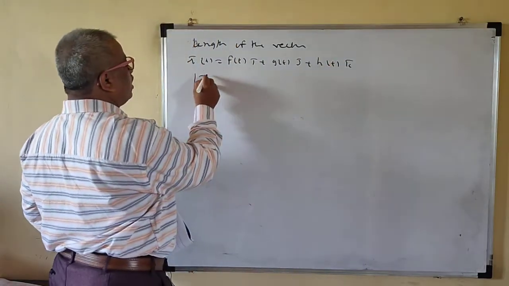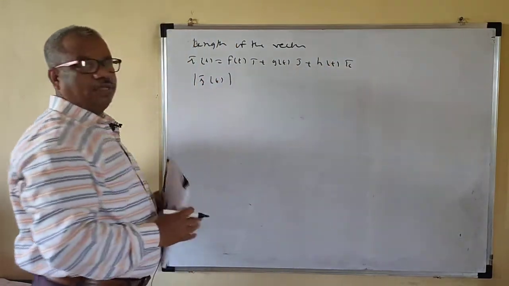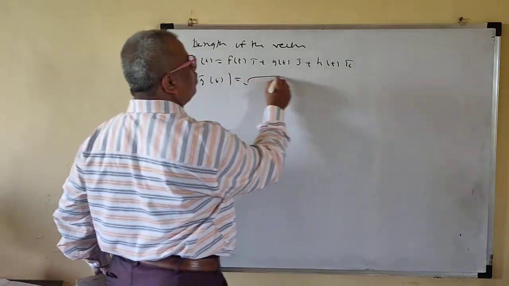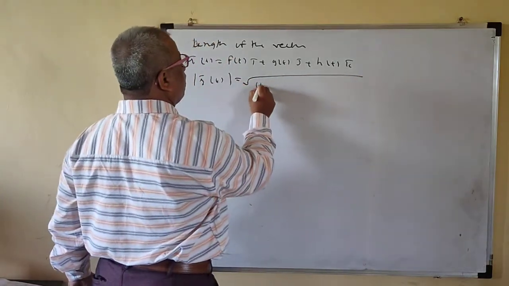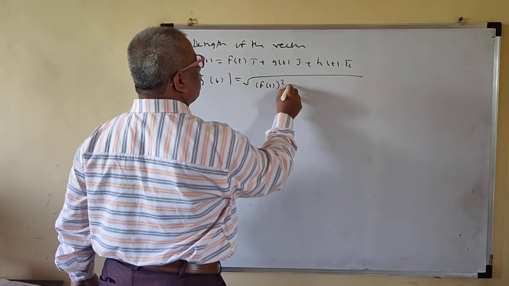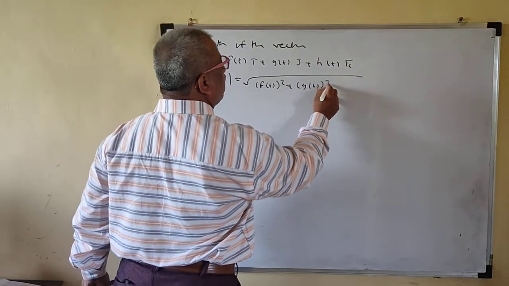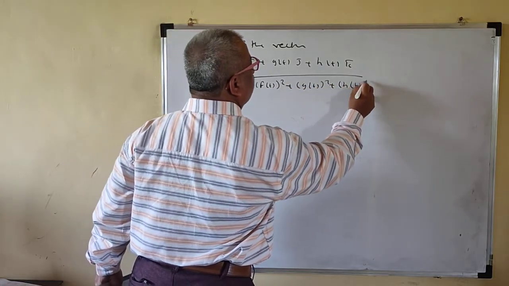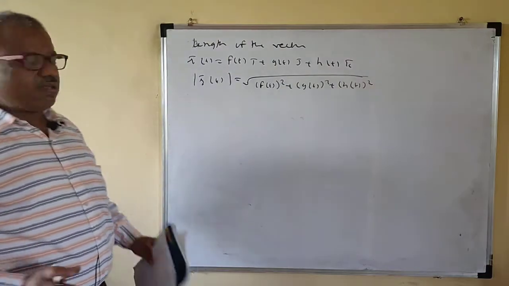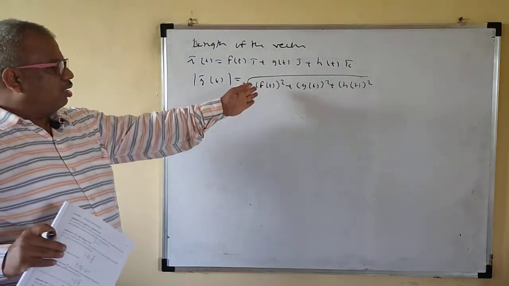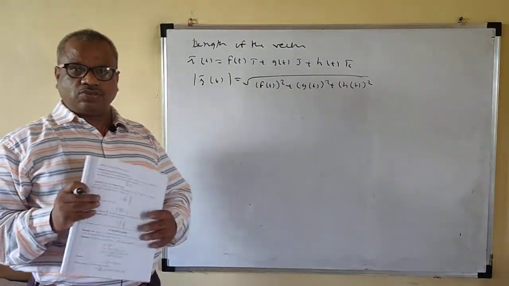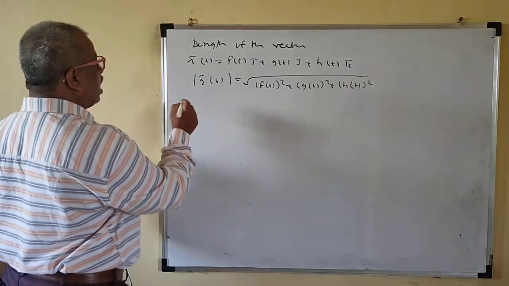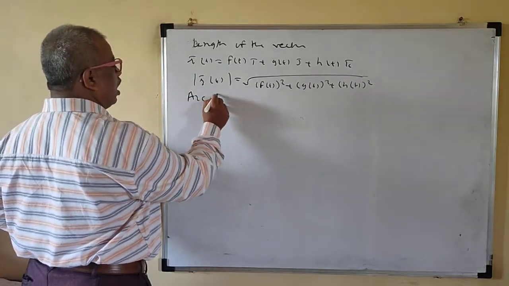The length of the vector is denoted by the modulus of this, and this is nothing but the root of f of t whole square plus g of t whole square plus h of t whole square. Just simply take the root of the sum of the squares of the components only. Now the next part is arc length.